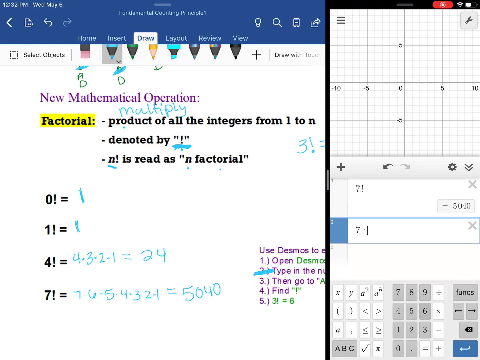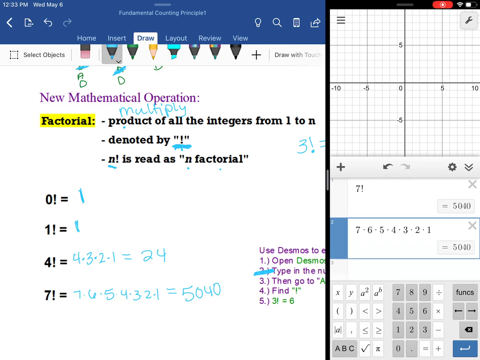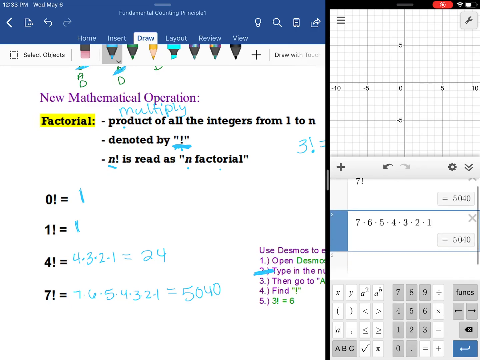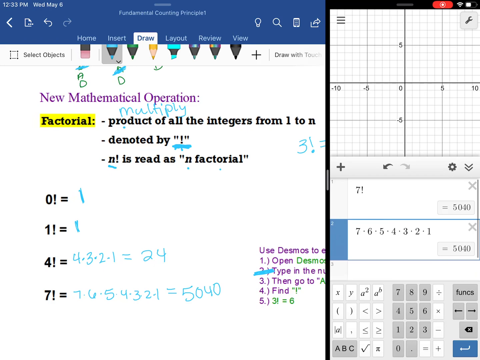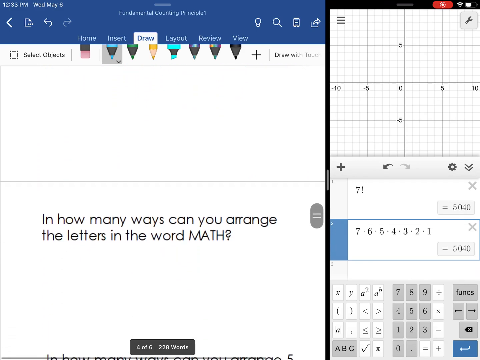And if we wanted to, we could do this by hand. We could multiply it out, and we would get the same answer as our factorial. So the factorial is honestly just a little bit faster than doing it all by hand. So that's our new mathematical operation. We're going to use that, again, as a shortcut to answer some of these questions.